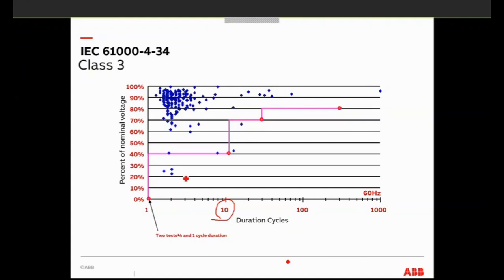Otherwise, this component will turn off. And here, there are 2 test points in one cycle. And remember, if we have 0% voltage remaining, we need to correct it within one cycle, otherwise this component will turn off.